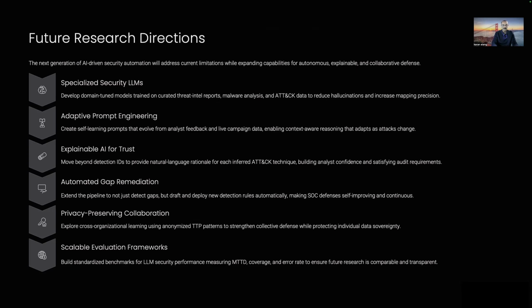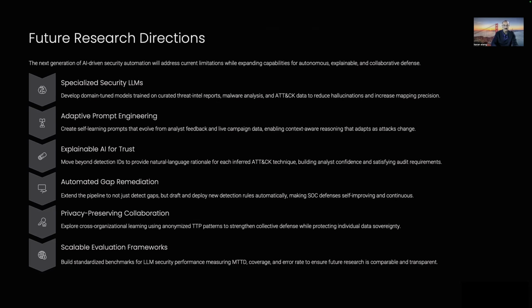Explainable AI is very important for AI/ML and LLMs, because in this specific case it moves beyond detection ID to provide natural language rationale for each inferred attack technique, and that helps build analyst confidence and satisfies audit requirements as well. Automated gap remediation. What that means is, instead of just detecting weaknesses in your security coverage, the system can also fix them automatically.